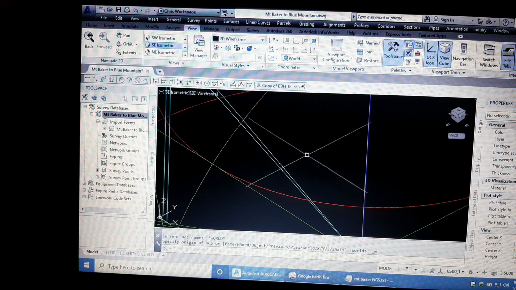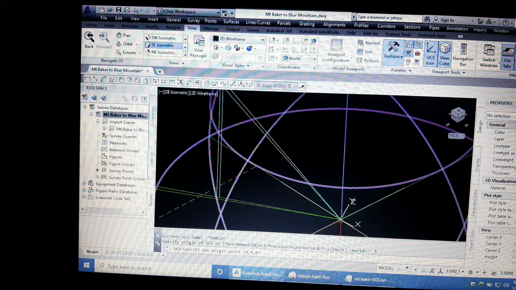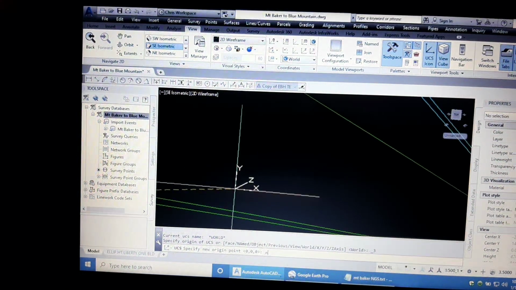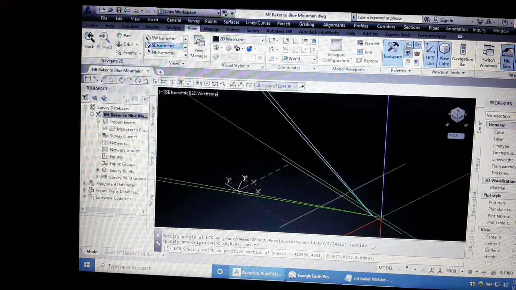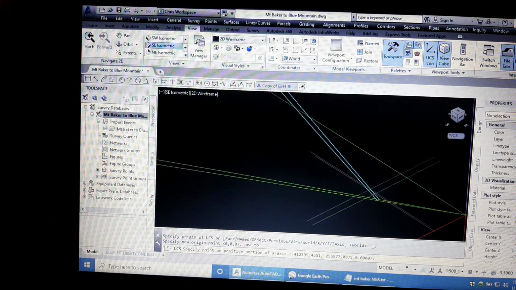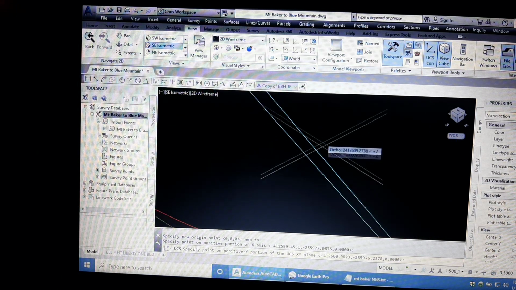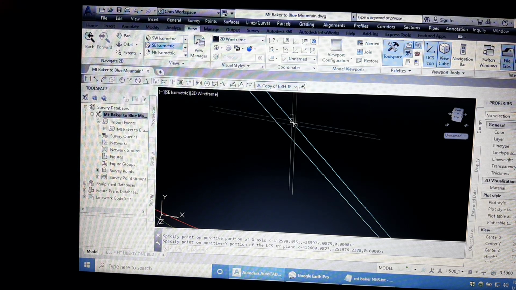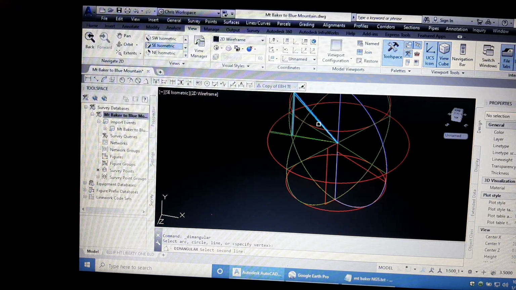We'll check the latitude for Blue Mountain. So 3-point, NEA, from the equator, center of mass, and then midpoint of that, just on that line, and then we'll measure the angle.